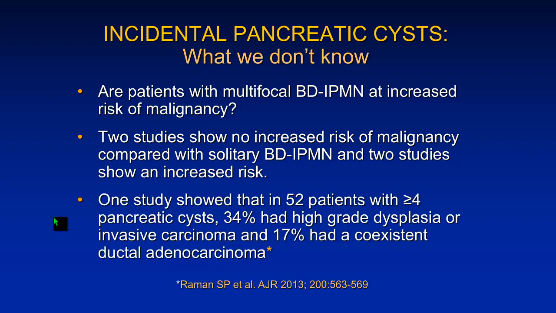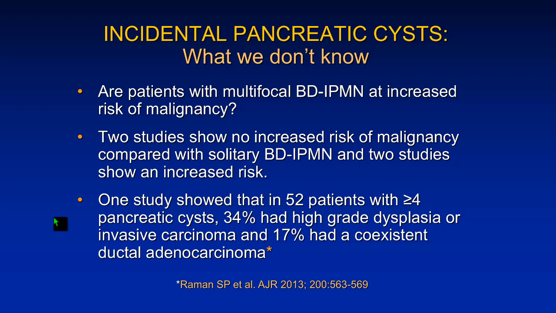And this one in particular is kind of disturbing. This was a study from Johns Hopkins University, and they looked at 52 patients who had 4 or more pancreatic cysts, and when these patients went to surgery, they found that 1/3 of them had high-grade dysplasia or invasive carcinoma, and 1 in 6 had a coexistent ductal adenocarcinoma.